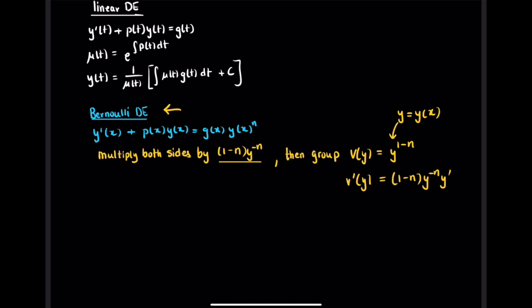And then you would solve that equation like a linear differential equation, plug in the relation between v and y at the very last step, and that's how you would get your solution as y in terms of x instead of v in terms of x. You will see in a moment.